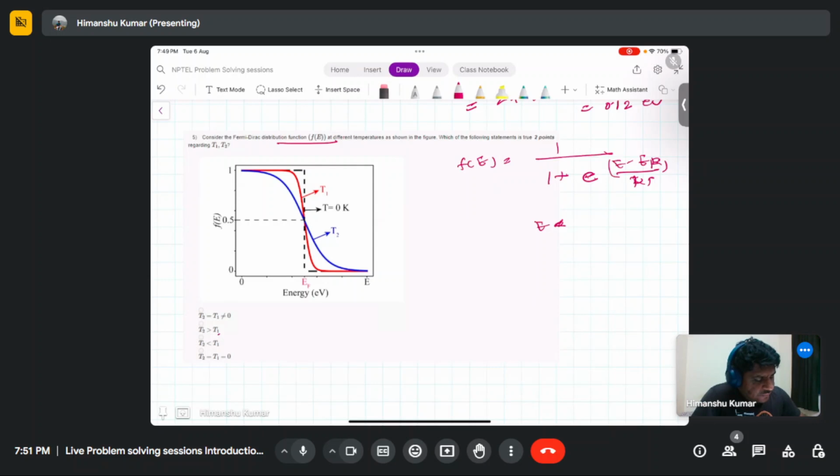And for E greater than EF, this term is positive. For larger energy, we will have f of E less than 0.5. For lesser energy, we will have f of E greater than 0.5.